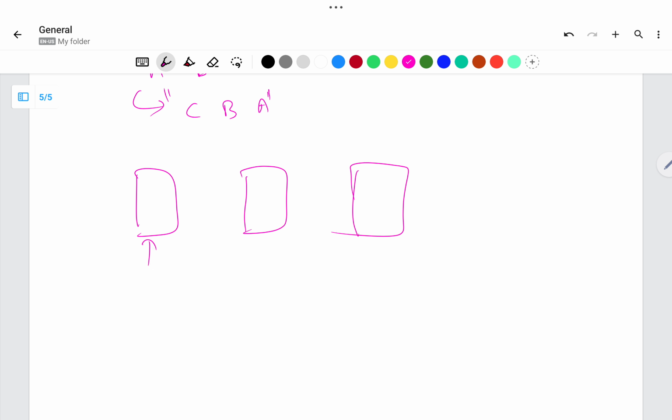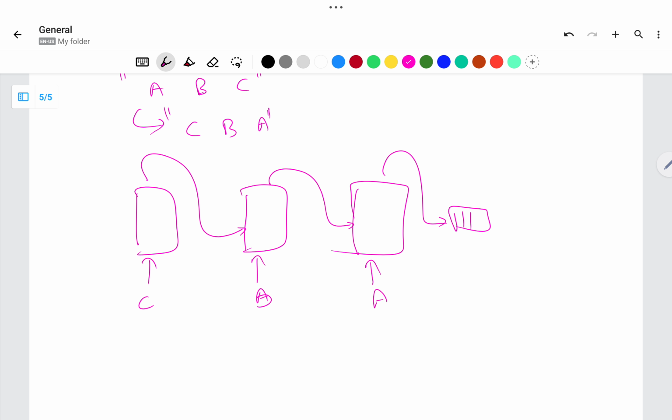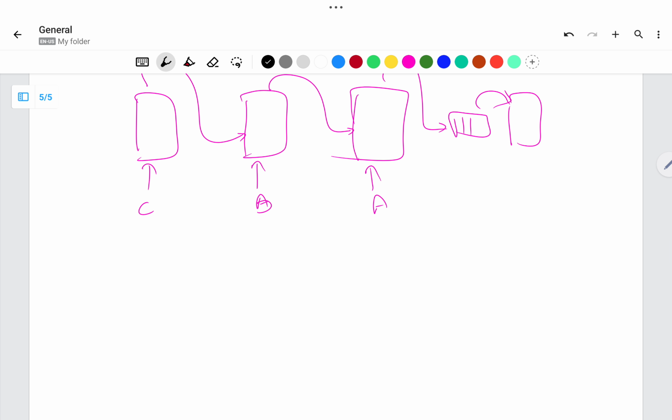So in the first time step, we give C, then B, then A. Then finally, the embedding would be ready for the entire sequence, and then it would go through the decoder block and the output sequence would be produced.